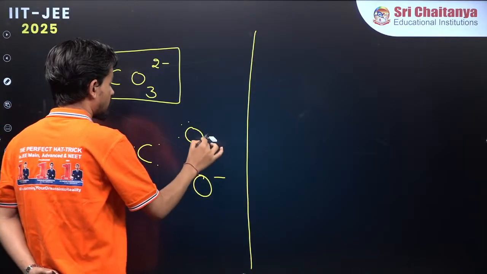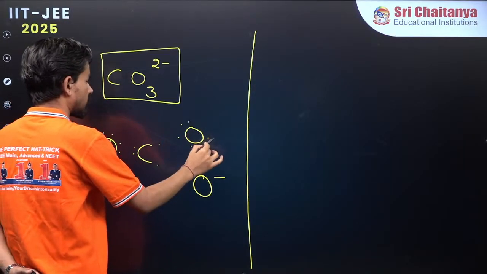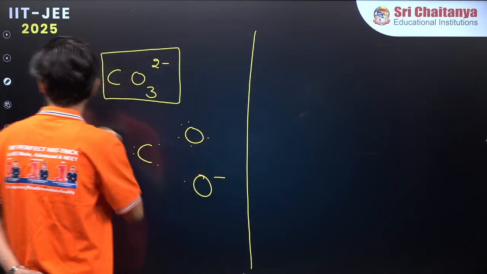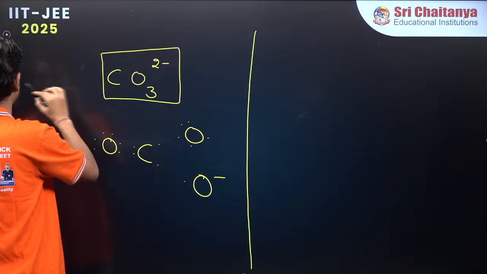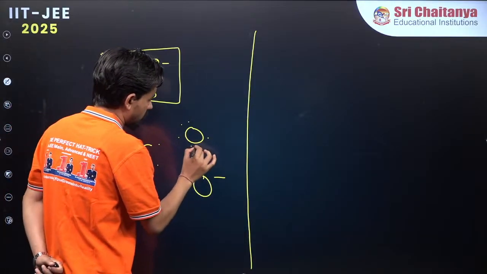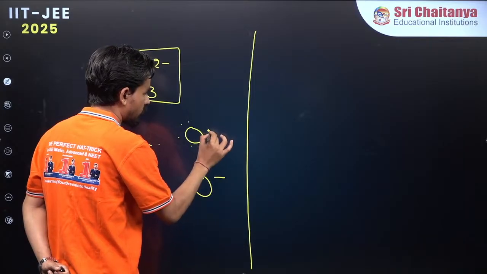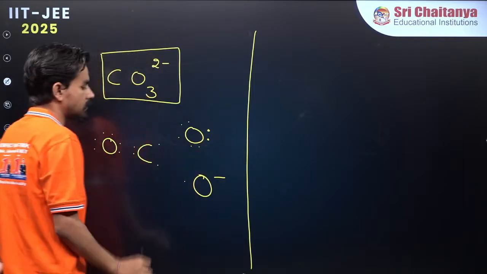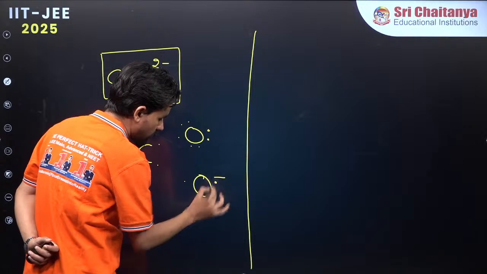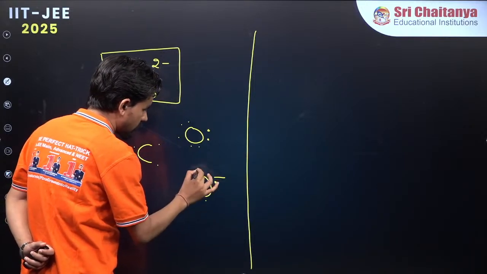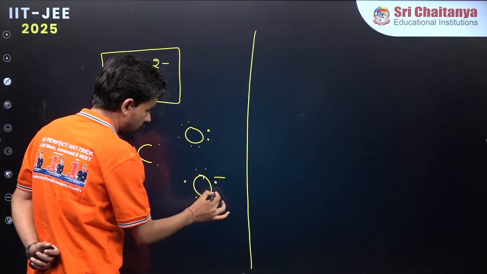Let me write it like this. 1 from here and 1 extra electron due to negative charge. Similar to that, here also 1 due to negative charge, 1 is used here, 1, 2, 3, 4, 5 and 1 more here.